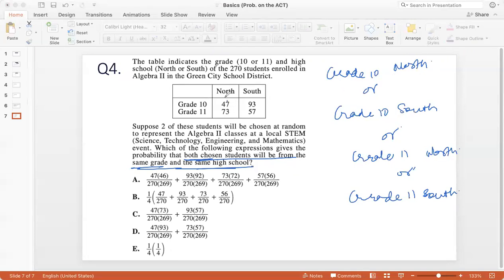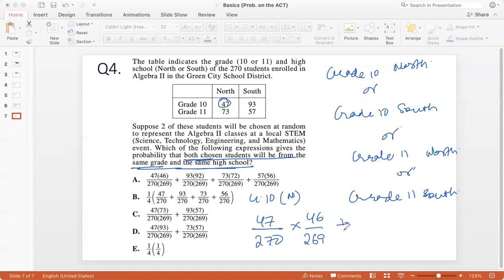So if they are both from grade 10 north, then the first student being from grade 10 north would be 47 by 270 because the total is 270. And the second student also being from this would be 46 by 269, right? Because we have already selected one student. So this is the case for grade 10 north.